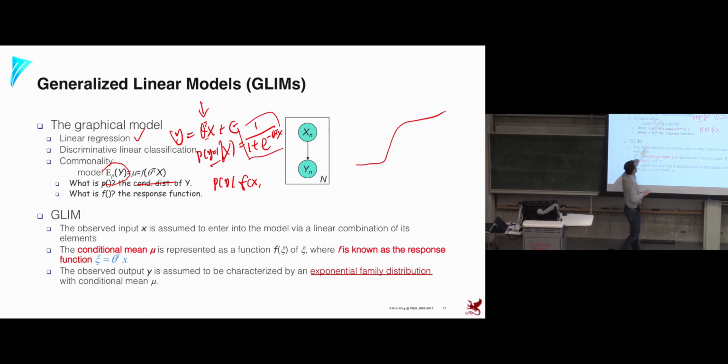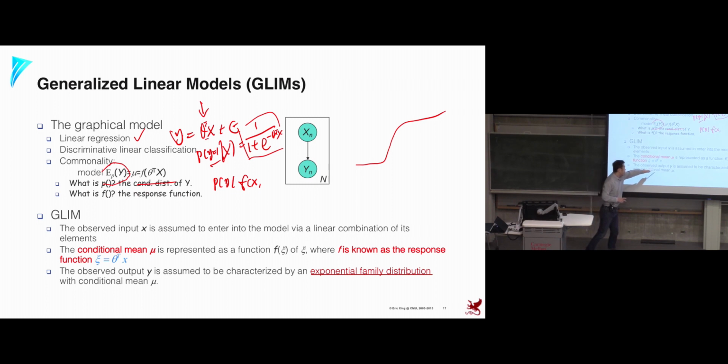So we basically define the conditional mean of y, which is called mu, to be equal to the response from the input due to the f function. So f is known as the response function, and psi is the signal, due to the input augmented or weighted, treated by the theta parameters.